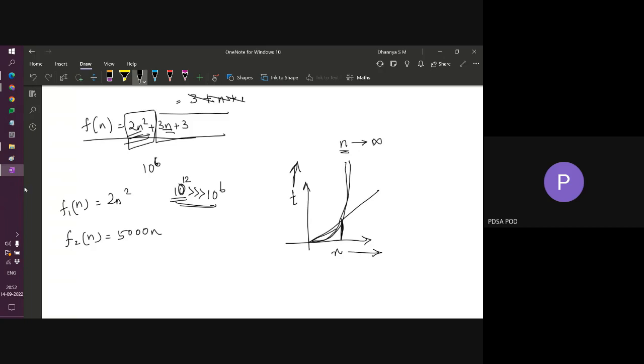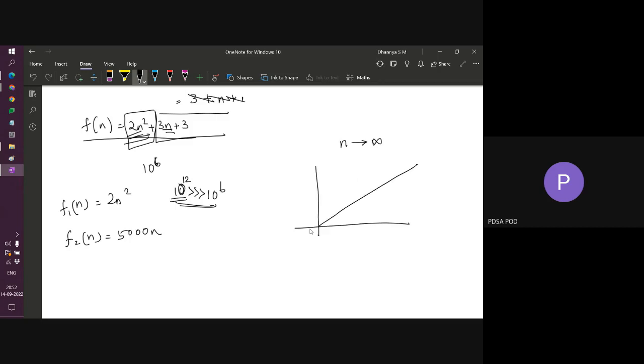Oh my goodness, my straight line is off, sorry about that. I'll draw it again. So this is 5000 n, let it be, okay?